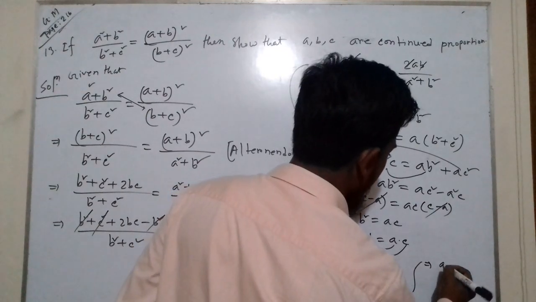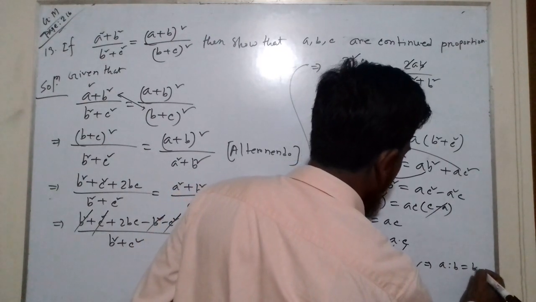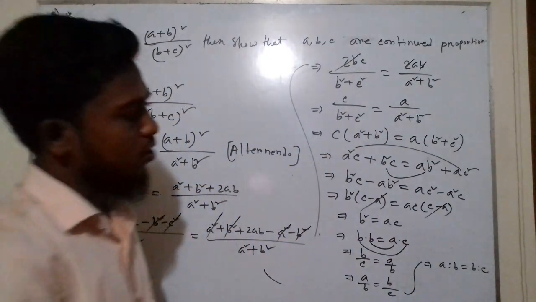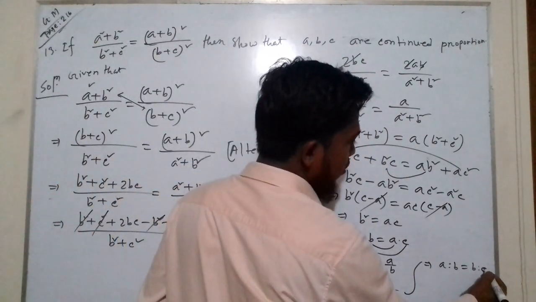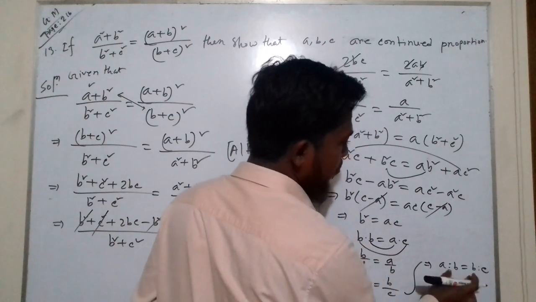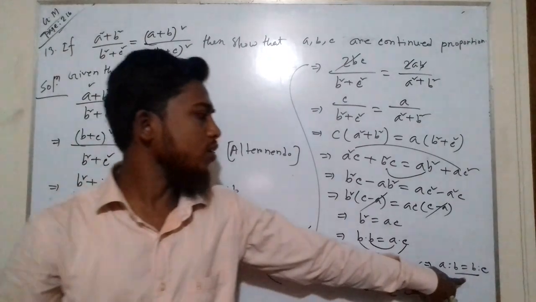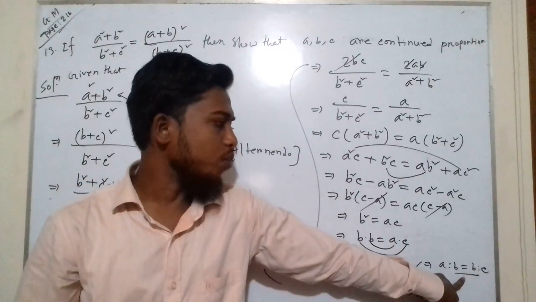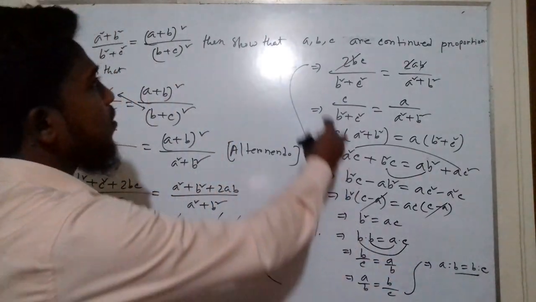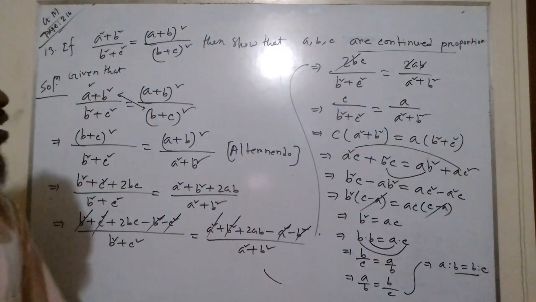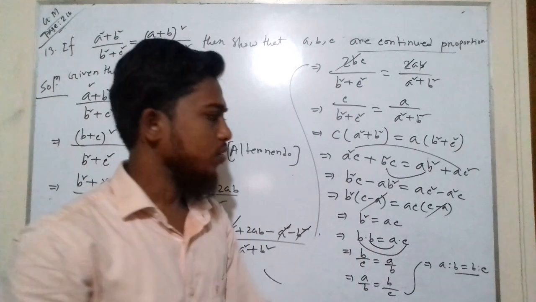This is a is to b equal to b is to c. So here we see that c is the third quantity of b and a, and b is the second quantity of a and c. So it's a continued proportion. So we can write a, b, c are continued proportion.